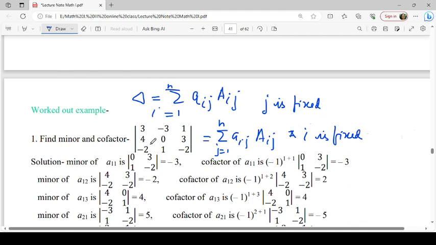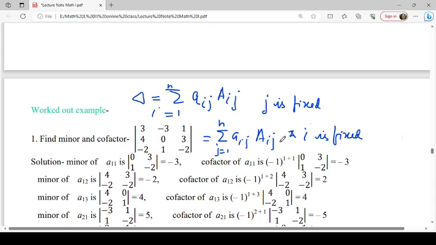If we consider the second row, i is 2, then the value is a21 into A21 plus a22 into A22 plus a23 into A23. So this is the expansion of determinant.